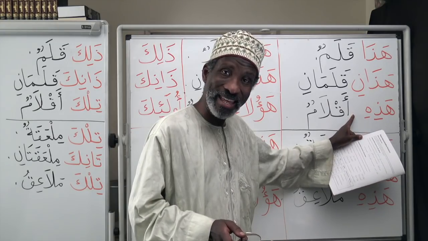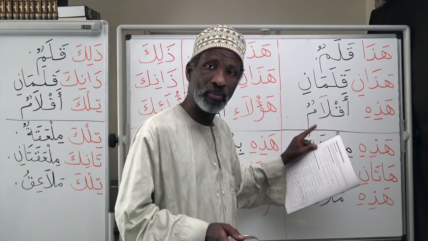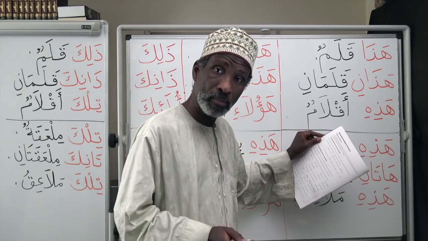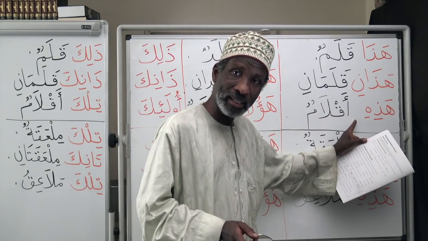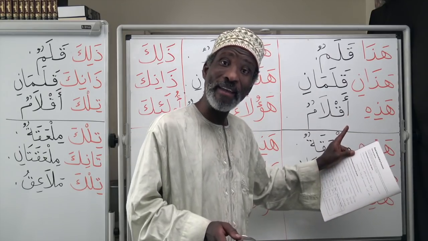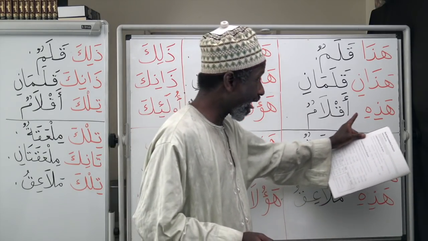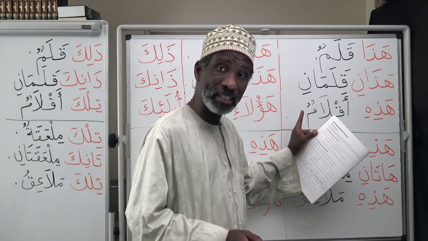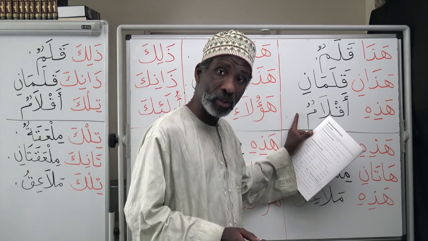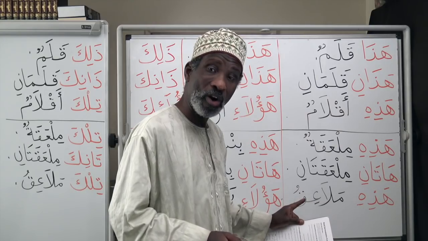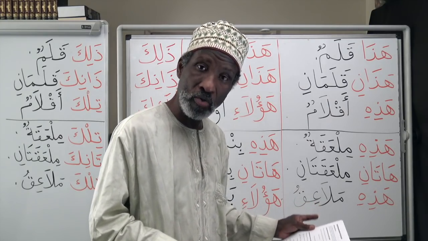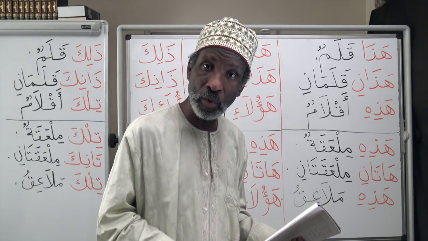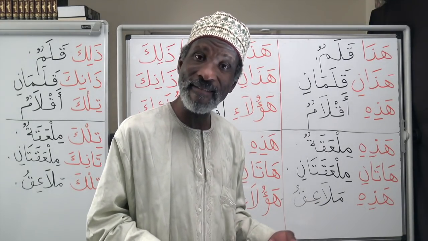You say هذه أقلام. You put the plural of pen, أقلام, but you relate to it as if you are pointing to a feminine singular. It doesn't matter whether that plural is masculine or feminine, for as long as it's not human.